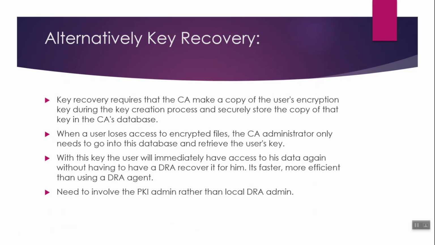It sounds good, the approach is right, but the only problem is every time the user faces this issue, he has to go running to either the DRA or a person who has the DRA certificate, give him all the files and get them decrypted. Not a very good end user experience, right?